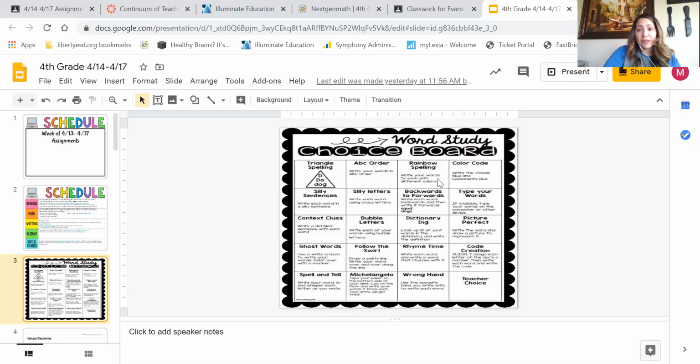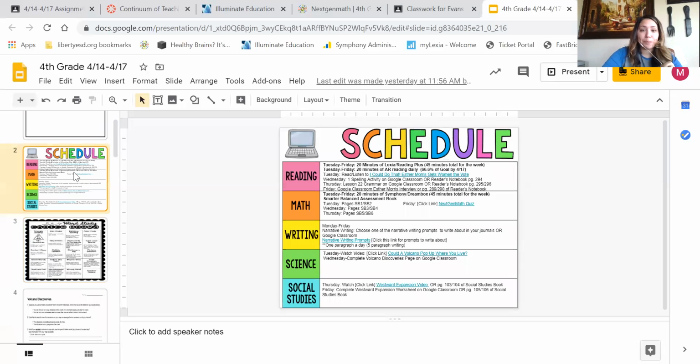And you still have the option of doing one of these if you don't want to do the reader's notebook page, okay? So just like you would before, you're going to open up a new Google Doc. You can do ABC order, color code, typing letters, whichever, silly sentences, you can do that. You can do one of those and share the document with me that way, okay?